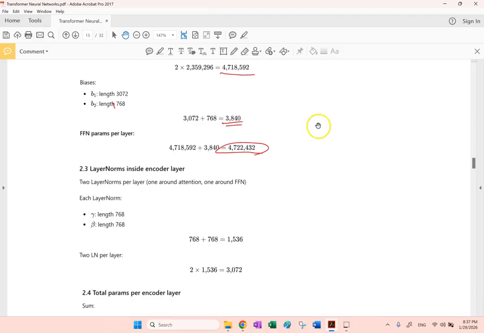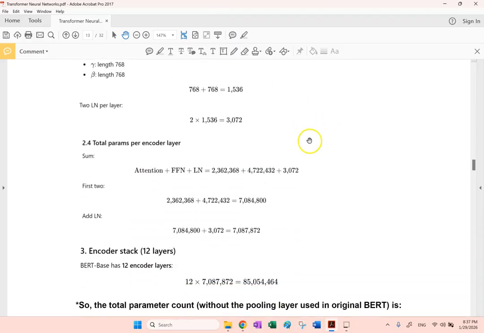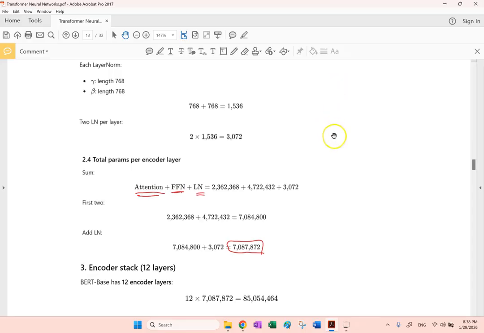So if you add everything together in one encoder layer that has a multi-head attention, and then feed forward, and then the layer norm, right? You are looking at 7 million total parameters. Okay, you have 7 million parameters per one encoder layer.